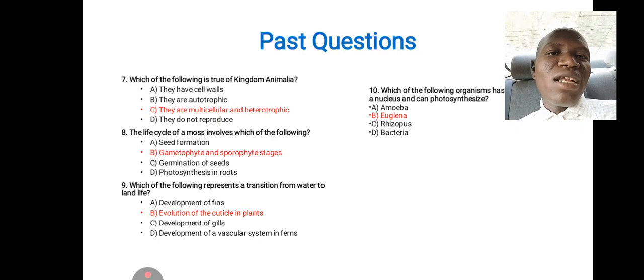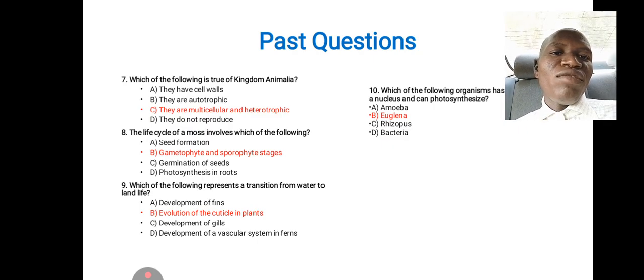The correct answer is B. Gametophyte and sporophyte stages. So they first produce gametes and spores. They produce both gametes and then spores. I have explained this, I remember very well, where I talked about either gametes or spore formation.